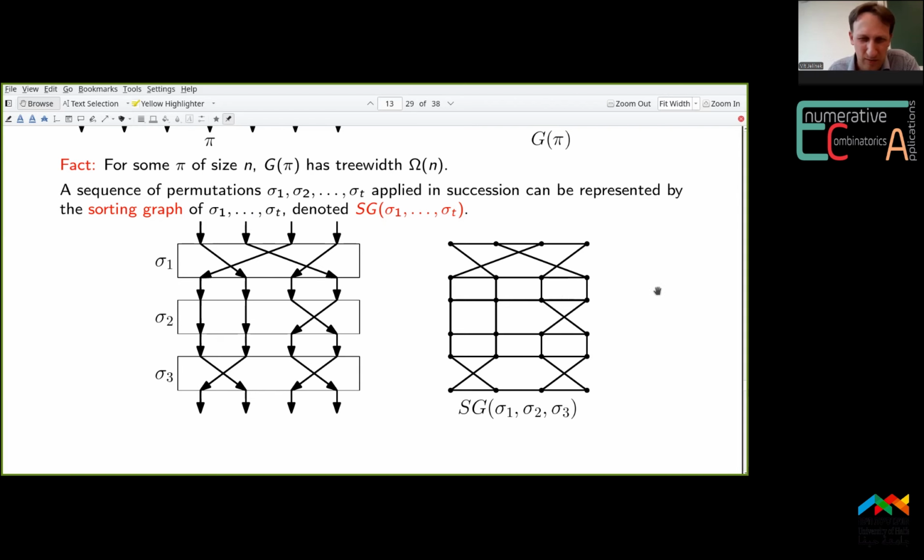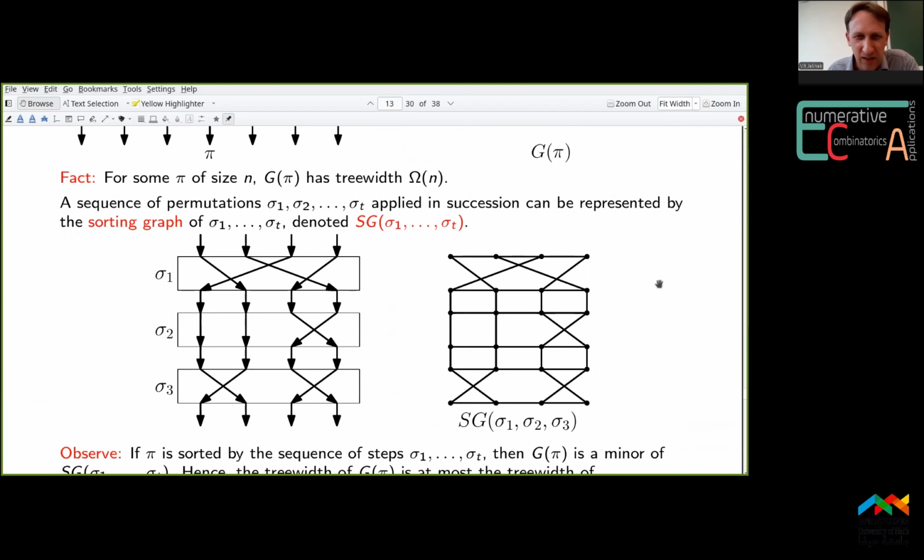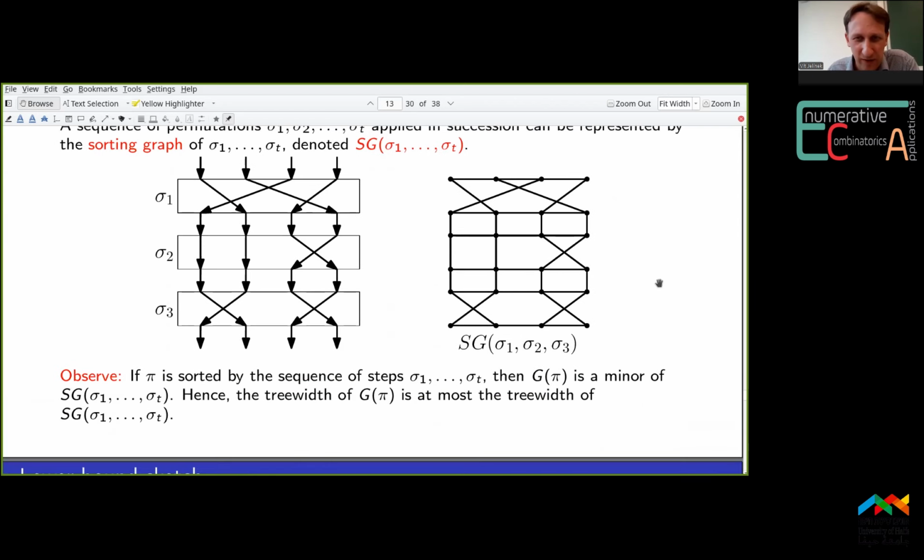So nothing terribly sophisticated. And what you have to notice is that if I have a permutation pi, which is sorted by a sequence of sorting steps sigma 1 up to sigma t, then the adjacency graph of this input permutation pi appears inside this sorting graph as a minor.